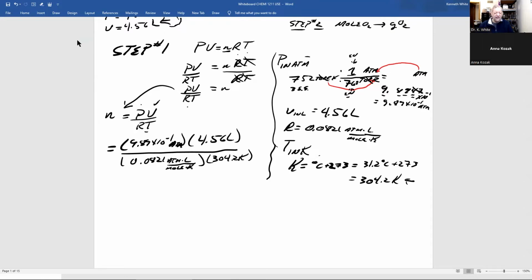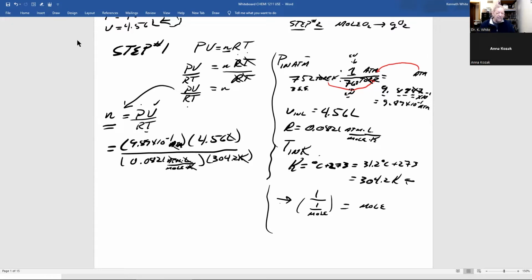Now, if you notice, Kelvin will cancel out, atmospheres cancel out, and liters cancel out. Now, what we're left with is 1 over 1 over mole. I'll let you do the math, but this is equal to mole. And that's what we're trying to find, moles of oxygen.